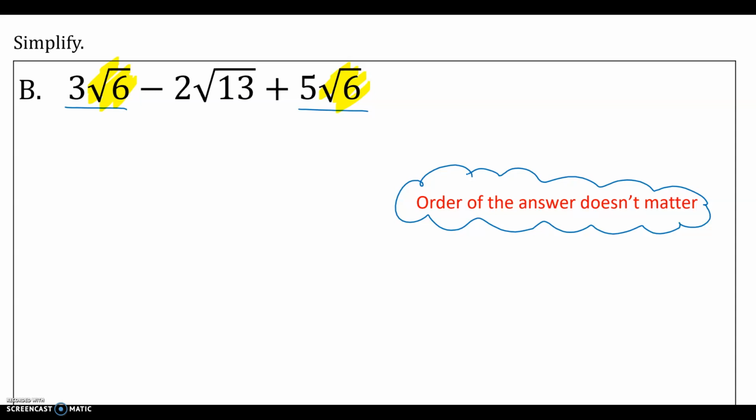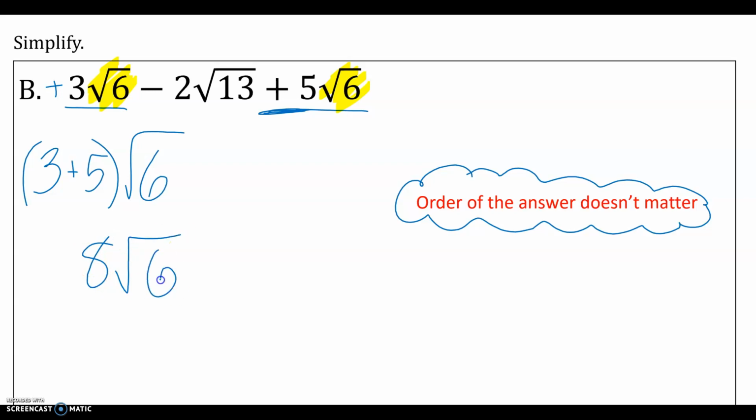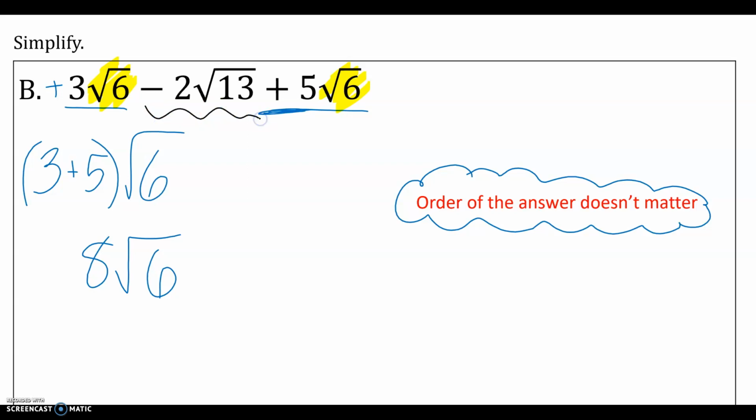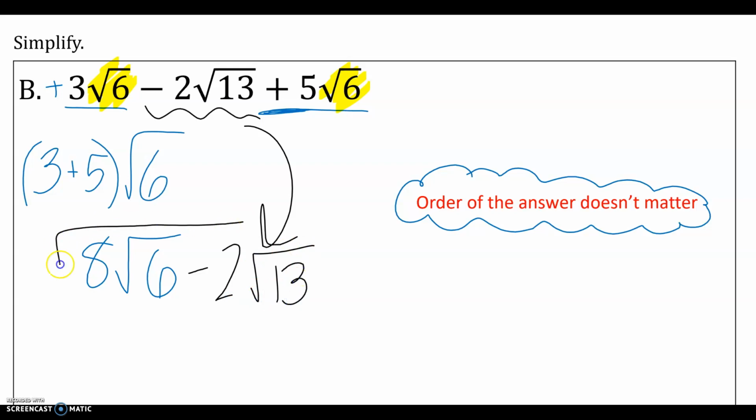So if you look at this problem, you have 3 radical 6 plus 5 radical 6. So we're going to do 3 plus 5 radical 6. Notice that this is a plus 5, and obviously this is a plus 3. So you're going to get 8 radical 6. And this one does not have a matching buddy, so I'm just going to swing it down into your answer, and this would be my answer.